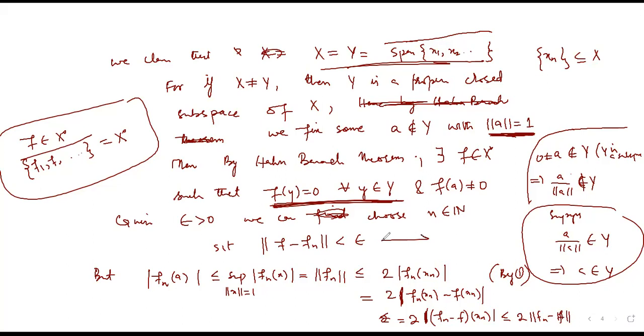But if I call this second, this norm of fn minus f is less than epsilon by second. So we get that fn of a in modulus is less than twice epsilon for all n greater than or equal to 1.